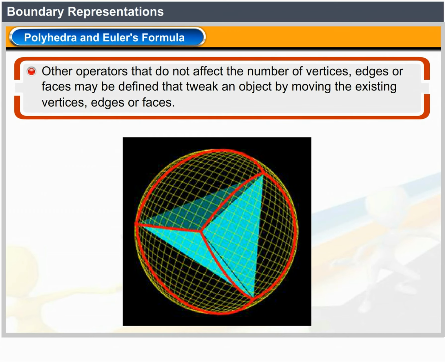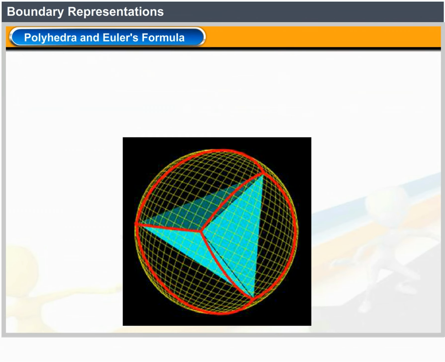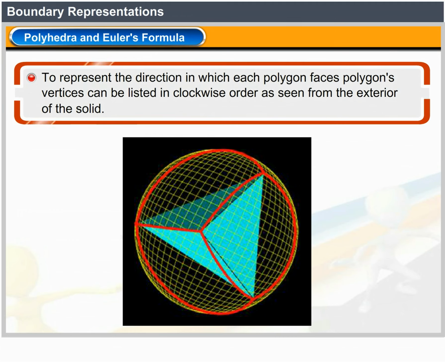Perhaps the simplest possible B-rep is a list of polygonal faces, each represented by a list of vertex coordinates. To represent the direction in which each polygon faces, we list the polygon's vertices in clockwise order, as seen from the exterior of the solid.